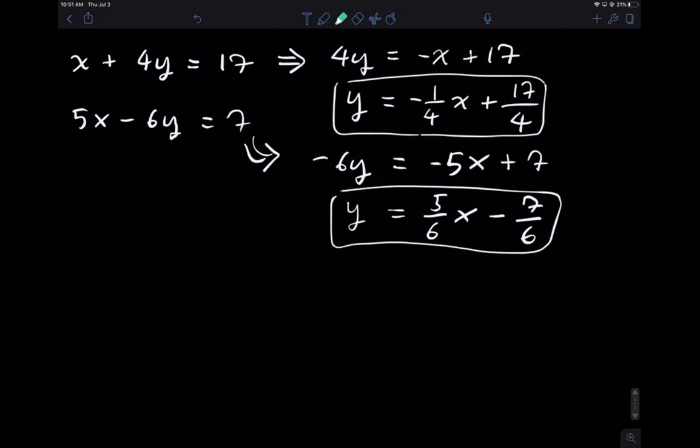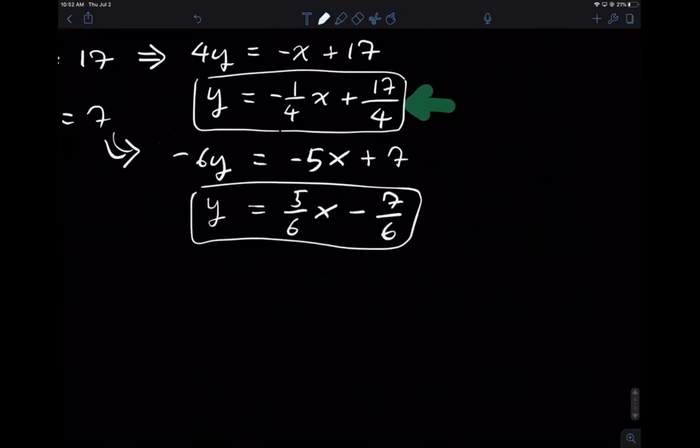Okay, so now we know the slopes. So what are the slopes? Ryan, what's the slope for this one? They're intersecting. Yeah. So what's the slope of the top one?